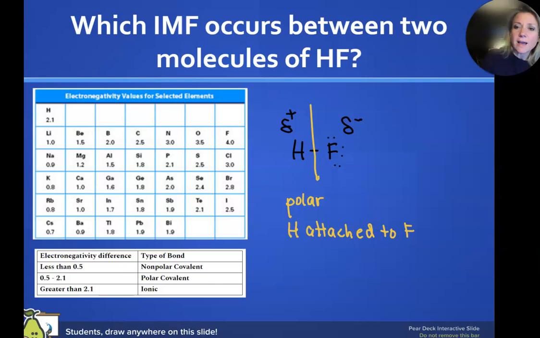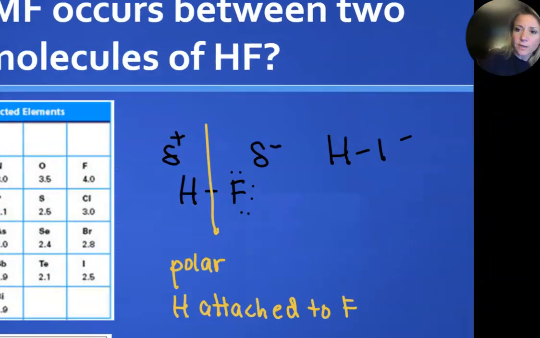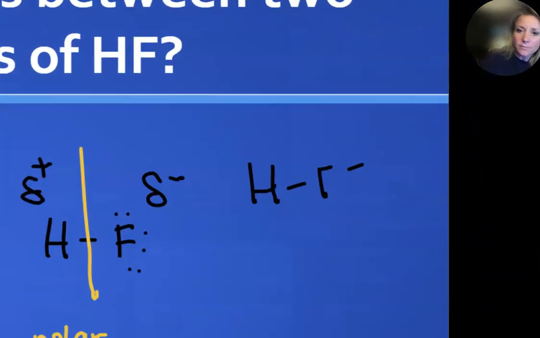So if I have another one of these molecules, like so, here's my HF over here, like my second molecule. And let me erase that. And here are my dots. Okay, so there's my second molecule. I'm going to erase my line here.